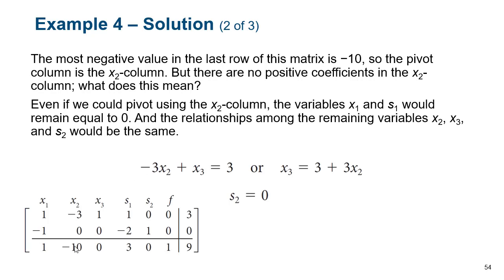And if we use that most negative number as our pivot column, we notice that there is no positive coefficient in this column. We only have a negative 3. So even if we could pivot using the x2 column, the variables x1 and s1 would remain equal to 0, and the relationships among the remaining variables would still be the same.